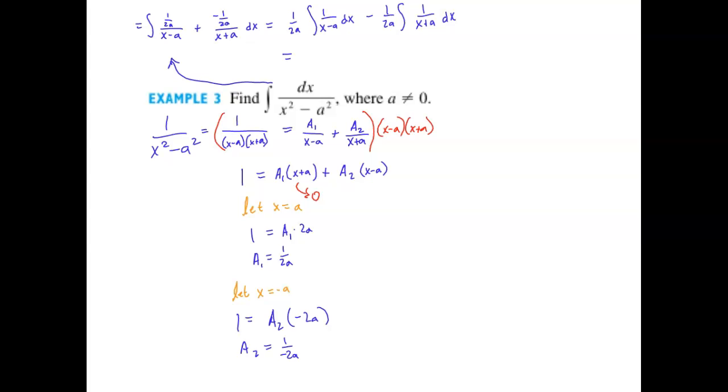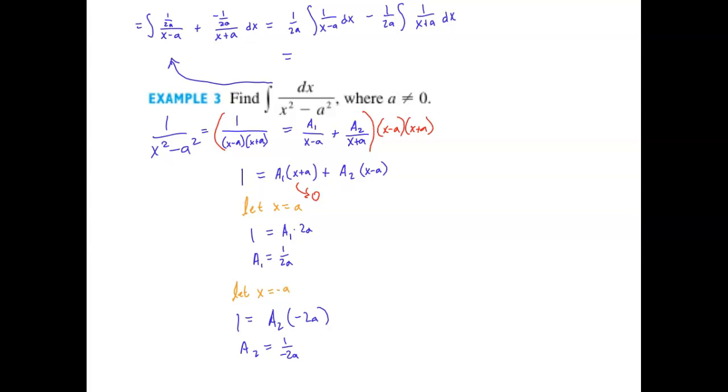What's the antiderivative of 1 over x minus a? We talked about it yesterday. What if it was just 1 over x?